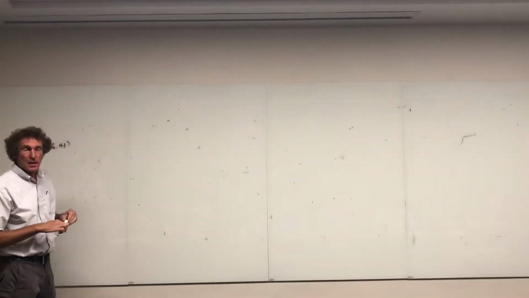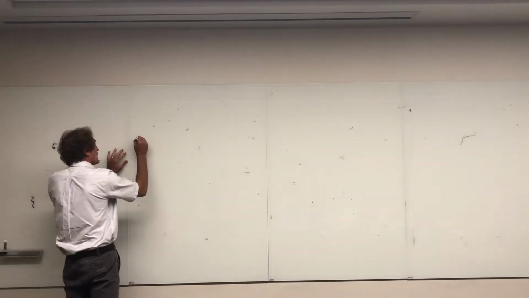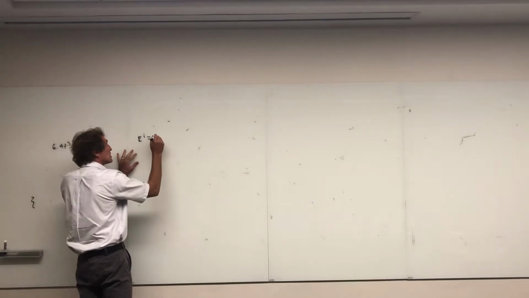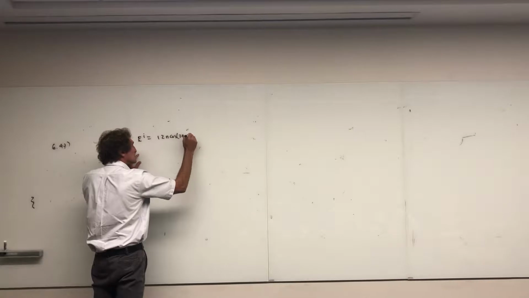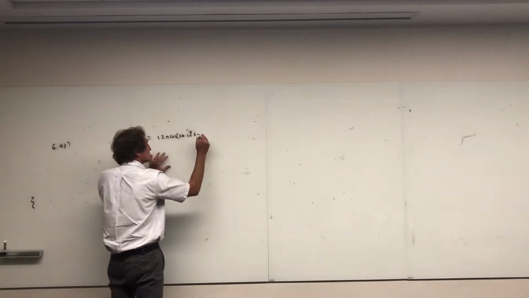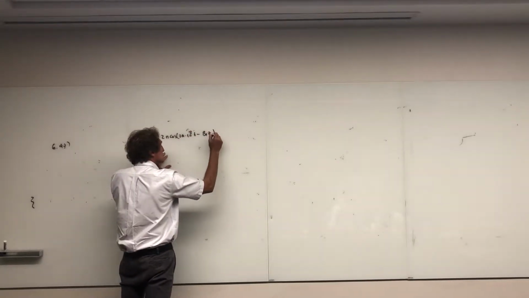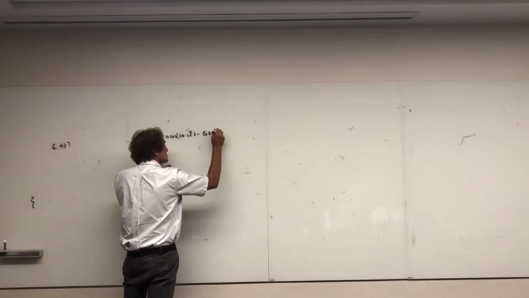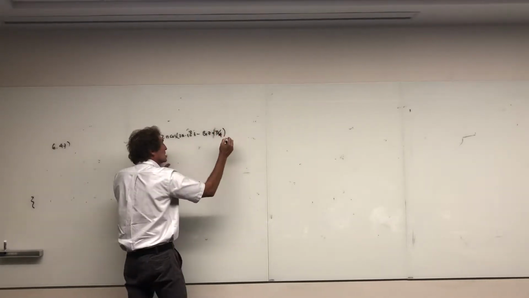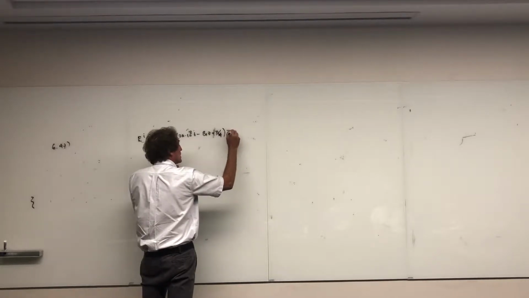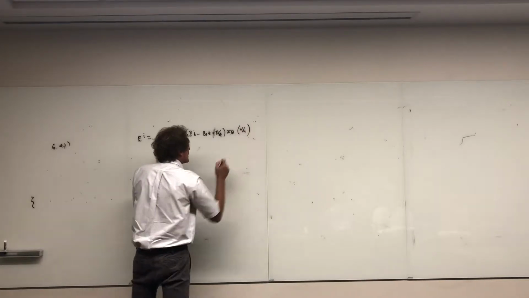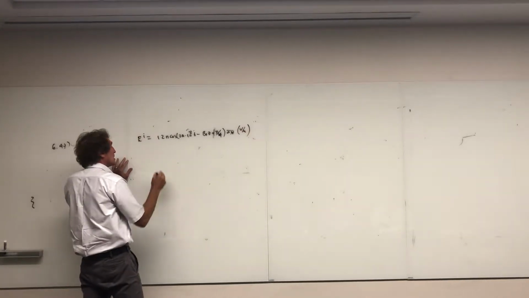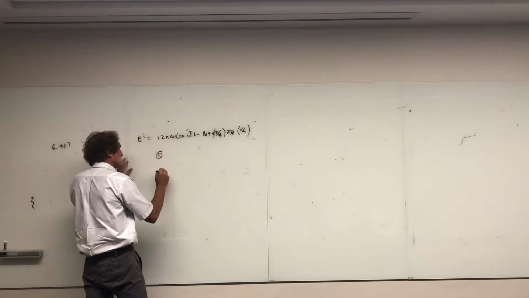6.47. What does it say? A wave specified by E_i is equal to 12π cosine of (2π times 10^7 t minus β1 z plus π/4) in the a_x direction, in volts per meter, in a non-magnetic lossless medium with ε_r equal to 9.